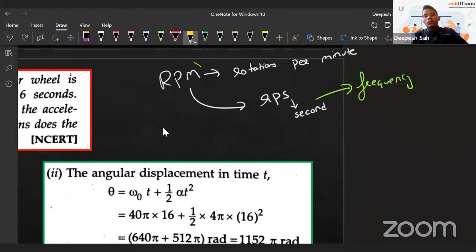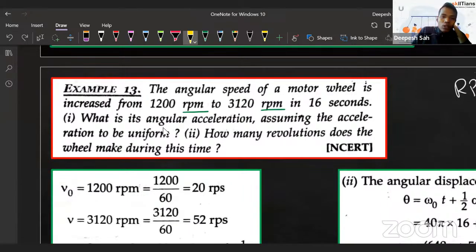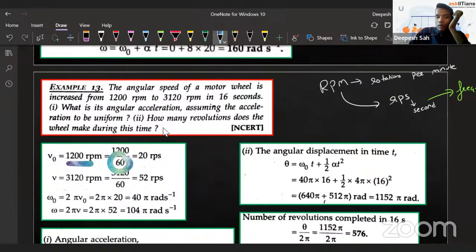Now you have to convert RPM into RPS, that is, rotations per second. And how many rotations you cover in a single second is what we call frequency. Very important. So these values are not the angular velocity; they are a kind of frequency. So you divide RPM by 60, and you will get the value of frequency in terms of RPS.